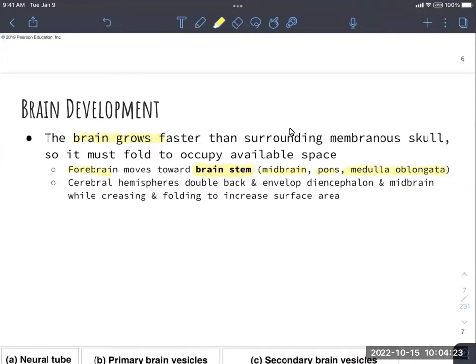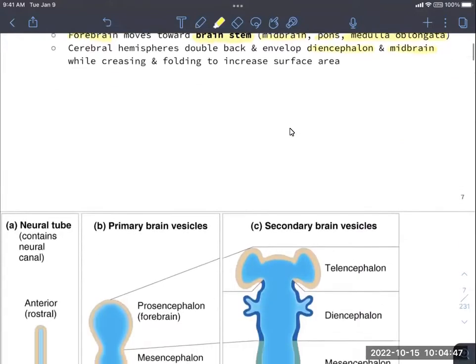Our cerebral hemispheres come back and around, and they take over, they come over top of that diencephalon and that midbrain. And then we start to get all those creases and foldings that you are familiar with that a brain actually has.